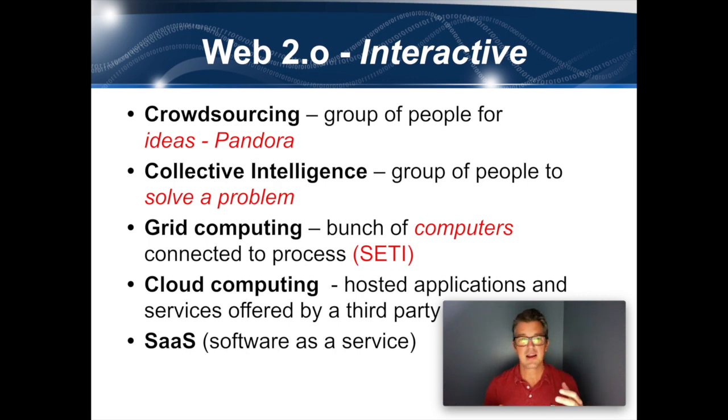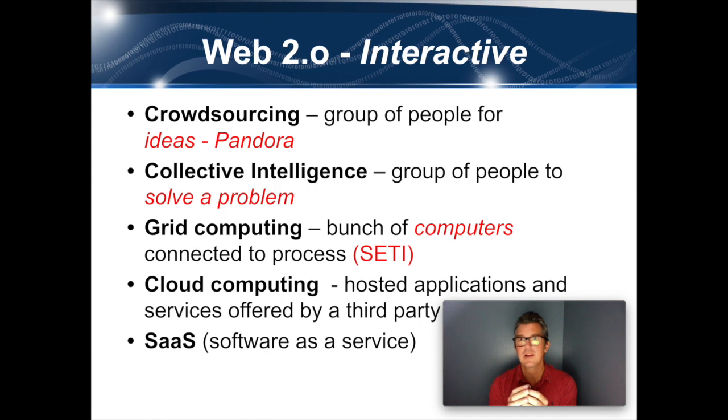Crowdsourcing is weird, but really what you need to know is there's a group of people for the ideas, right? Collective intelligence is different. That's when a bunch of people get together to solve a problem. You're not just upvoting or downvoting, right? This is like a bunch of people collaborating together in order to solve a problem using the internet.